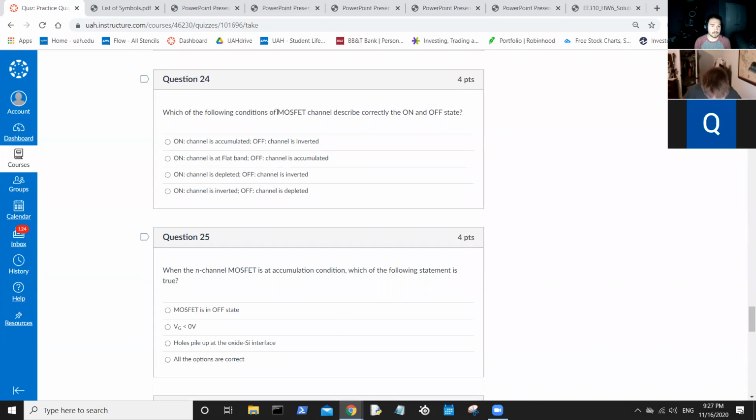Which of the following conditions of a MOSFET channel, I feel like that's wrong grammar. Which of the following conditions of MOSFET channels describe correctly the on and off state? I don't know, it's phrased weird. Based off of questions we've answered previously, we can make a pretty educated guess here.